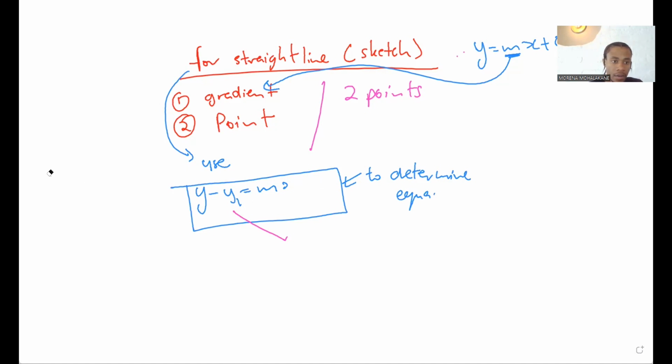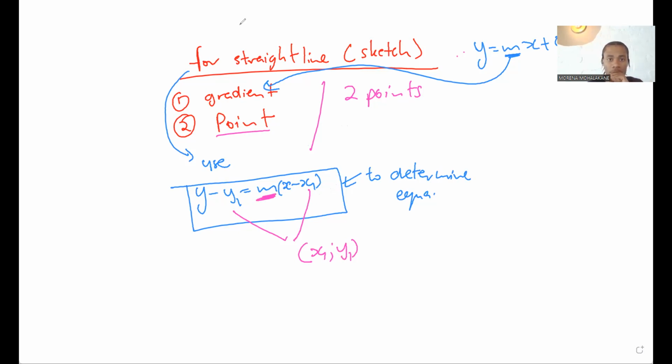So you have y minus y1 equal to m, then it's x minus x1. So the x1 and the y1 are a point, this point. Then you have the gradient. So you use this to determine the equation.